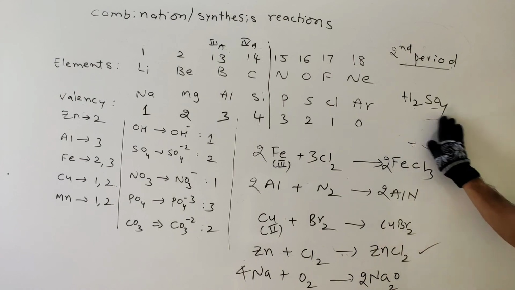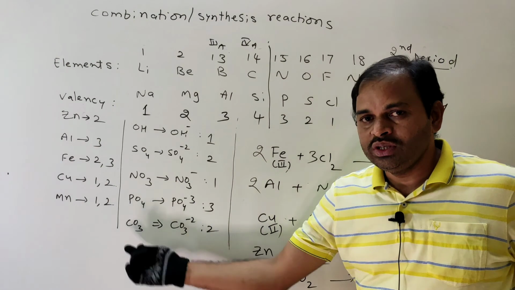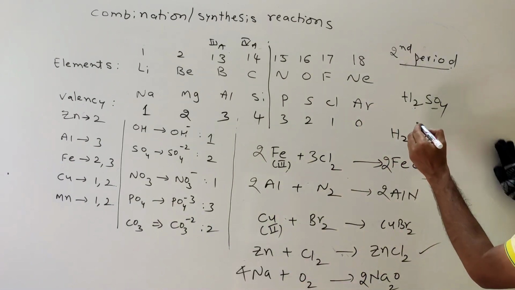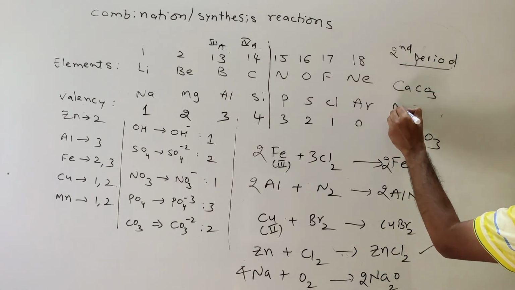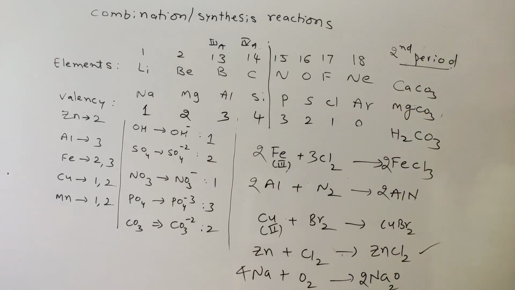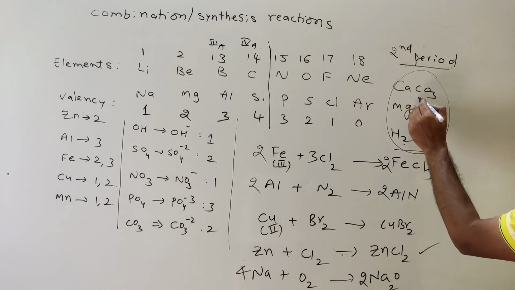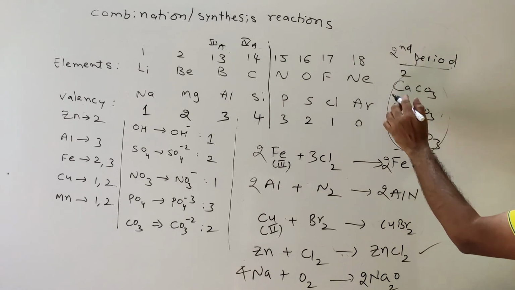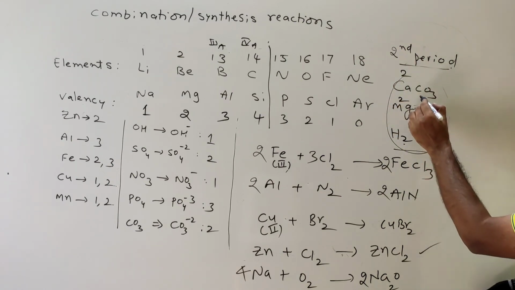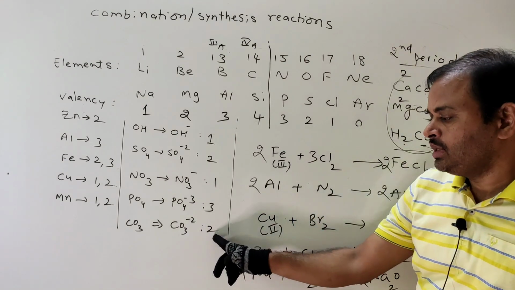And here last one, H2CO3. H2CO3 is a familiar compound with the CO3, or not only H2CO3, you can recall calcium carbonate. Okay, so magnesium carbonate. Based on this you can remember this value. CO3 is 2, but here calcium CO3, calcium is 2, magnesium is 2 valency, that's why in the crisscross manner CO3 valency is 2.